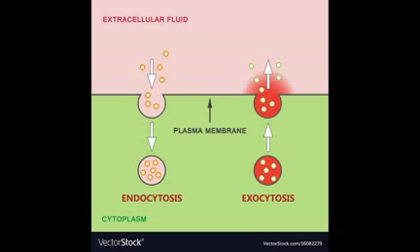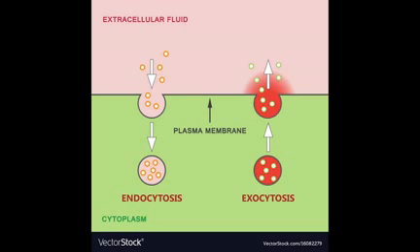Now, many substances like enzymes, hormones and antibodies are produced inside the cell in the Golgi bodies or Golgi complex and packed in vesicles.